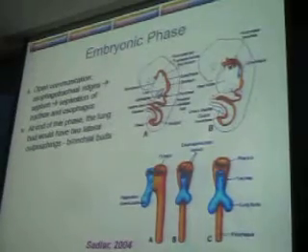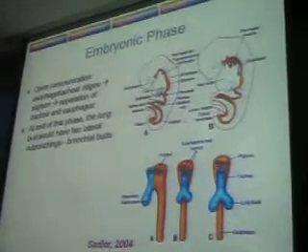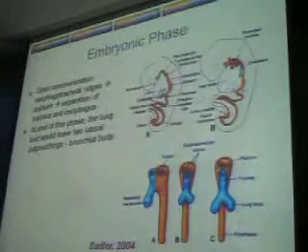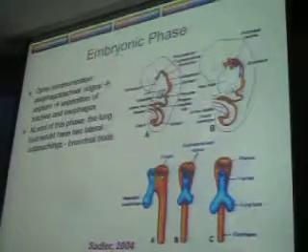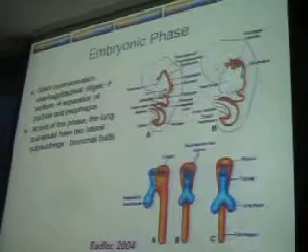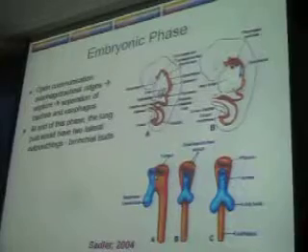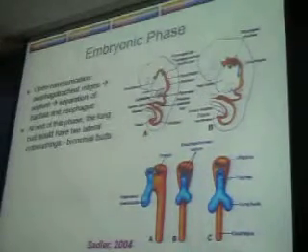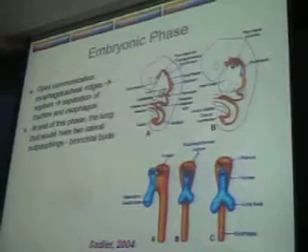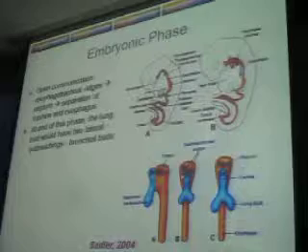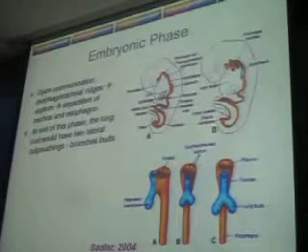Now, during development, if you'll take a look at this one, this would be your lung bud, and this would be your foregut. They are in open communication at the early stages of development. However, you will have the formation of ridges over here, and these ridges will unite to form your septum, your esophagotracheal septum.